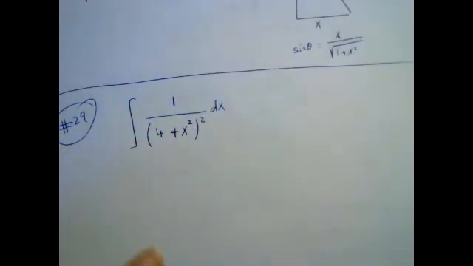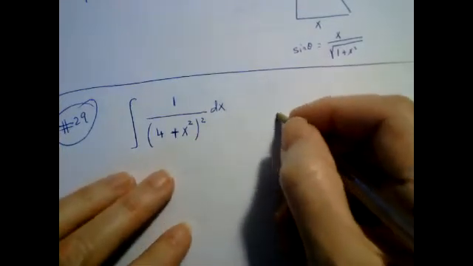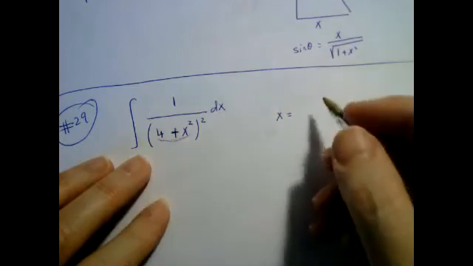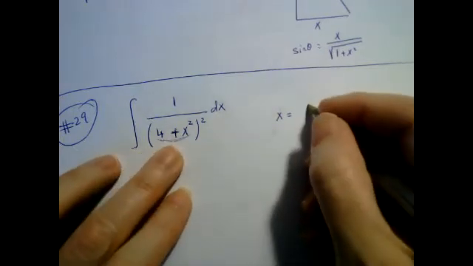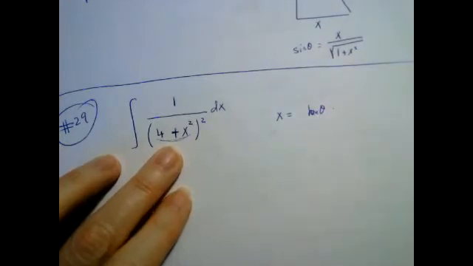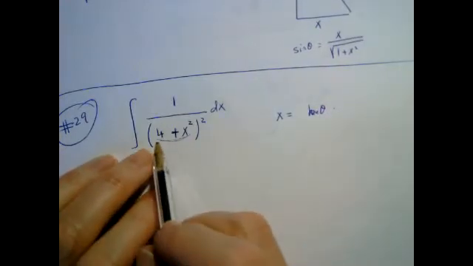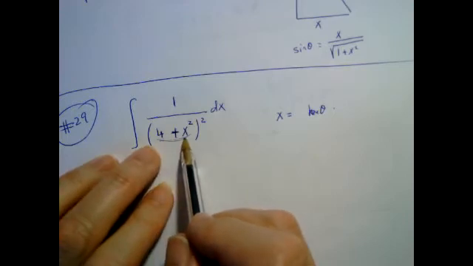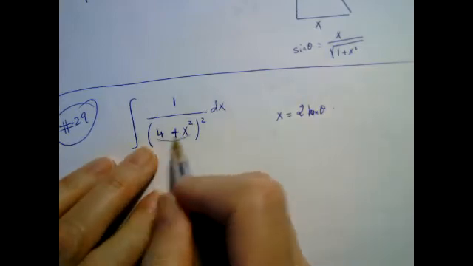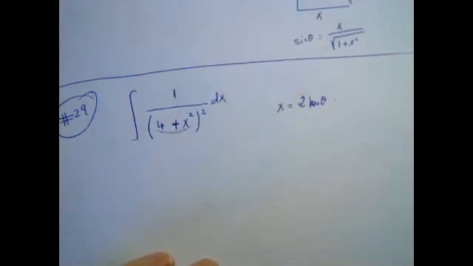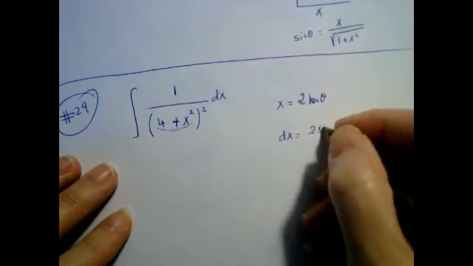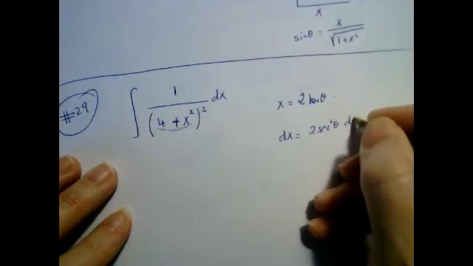So we're going to use the idea of this section. We're going to set x to be something that somehow gets rid of this 4 plus x squared. Since it's a plus x squared, we're going to set it to be tangent theta. Tangent theta will get me nowhere because I will have 4 plus tangent squared, which is not simplified. I'm going to multiply it by the 2 so I can factor out the 4. So x is 2 tangent theta, and the derivative is 2 secant squared theta d theta.